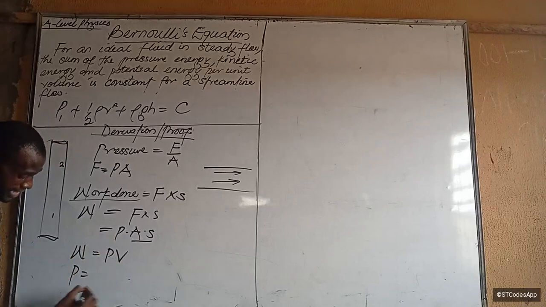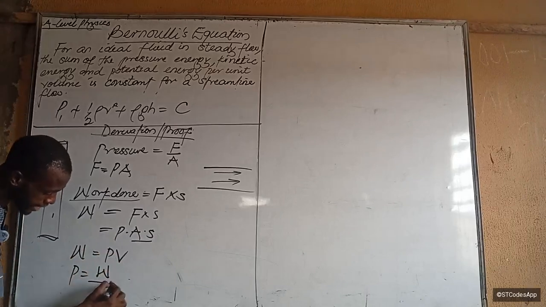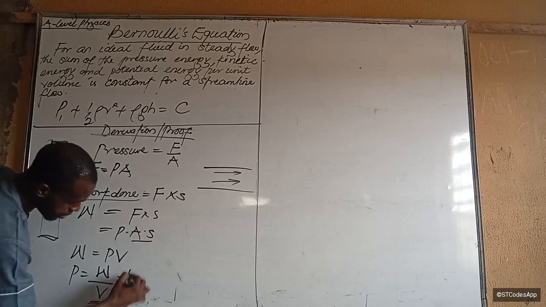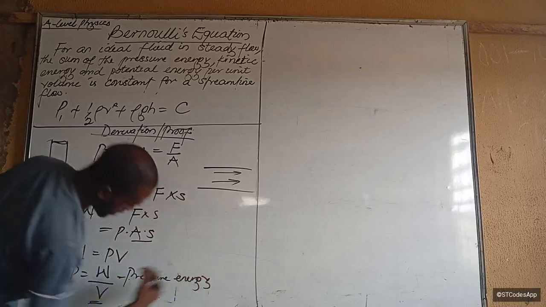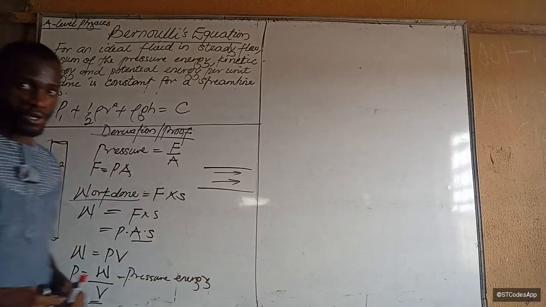So what are we saying now? Therefore, the pressure energy is going to be the work done per unit volume. So this is what we call pressure energy. Okay? This is the work done per unit volume.